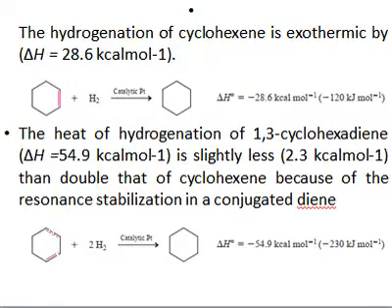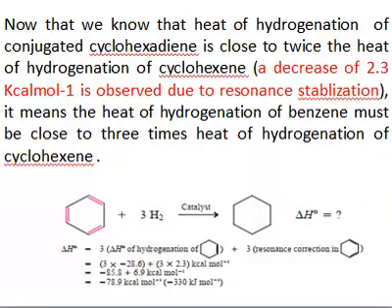So because of resonance, the heat of hydrogenation has reduced. You can say 2.3 kilocalories per mole has been lost, so it should be double of this value, but it's almost double, with a deficiency of 2.3 kilocalories per mole, right? So the deficiency is explained by the resonance stabilization of the conjugated diene.